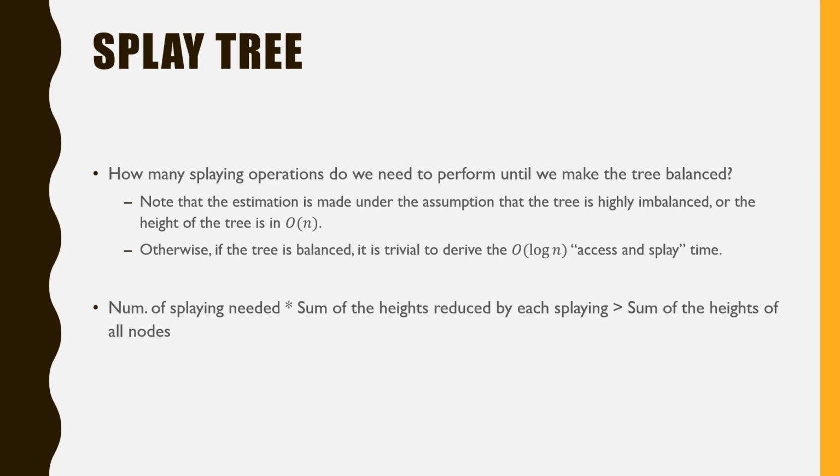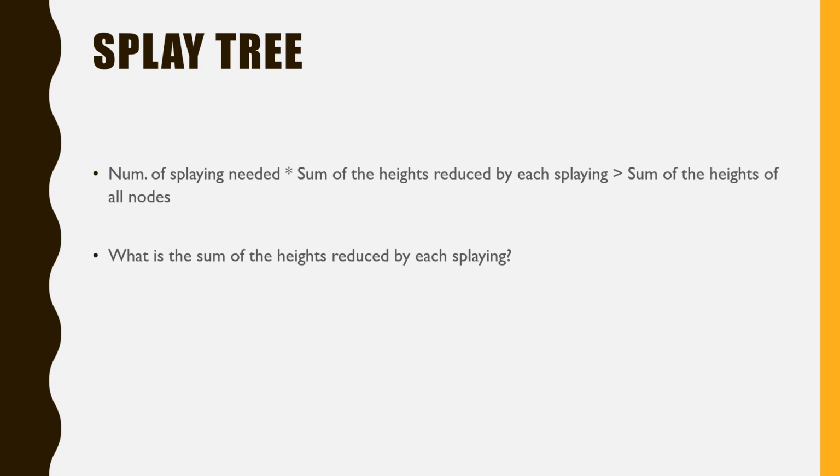For the height to be minimized, the average node height reduction achieved by each splaying operation, multiplied by the number of splaying operations, must exceed the sum of the initial heights of all nodes. This ensures that, over time, the cumulative effect of splaying operations sufficiently decreases the overall height of the tree. First, let's determine the average node height reduction achieved by each splaying operation.